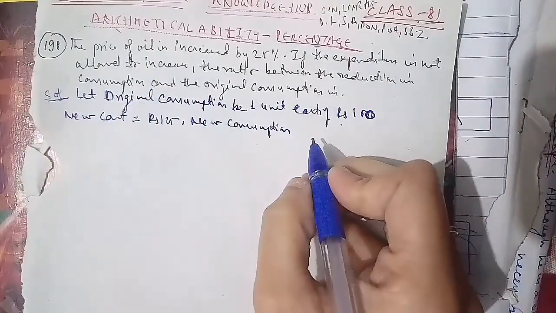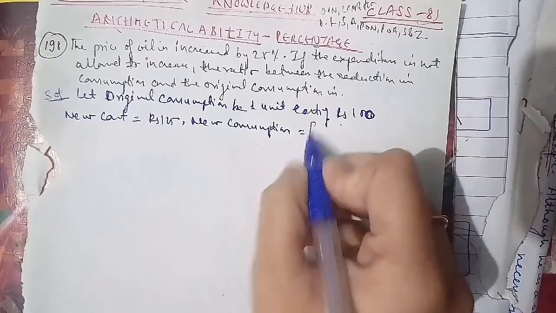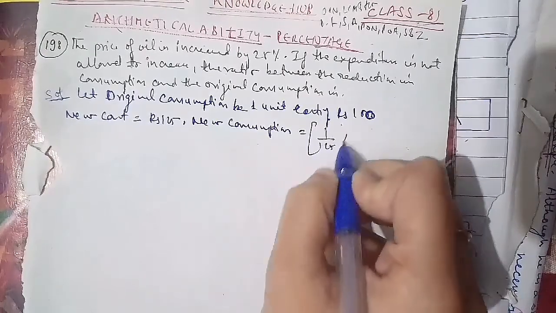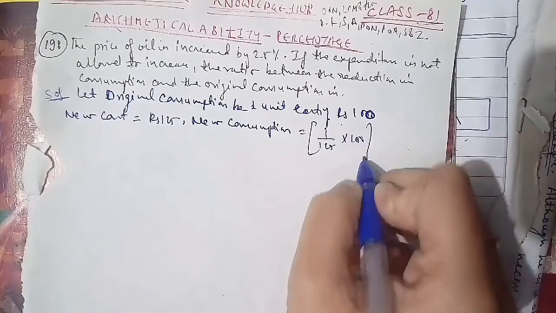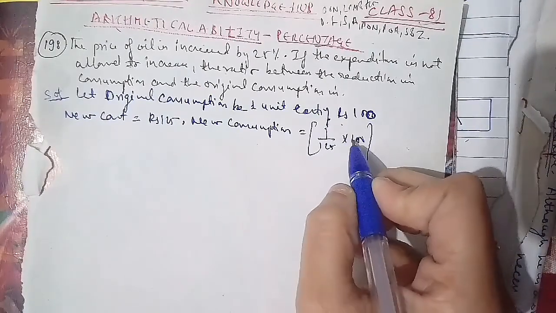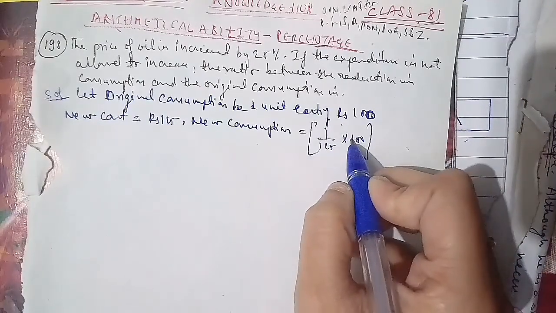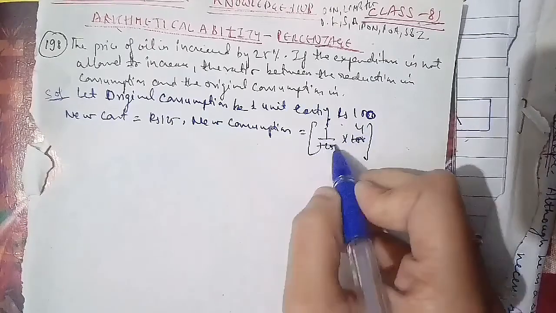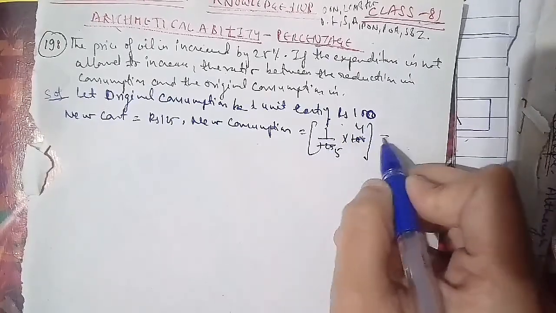So new consumption equals 4/5 unit, since 25 fours are 100 and 25 fives are 125.